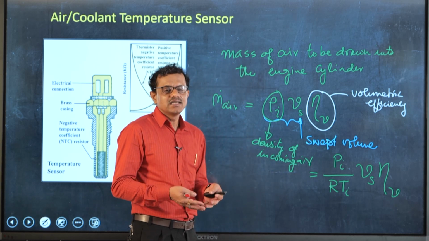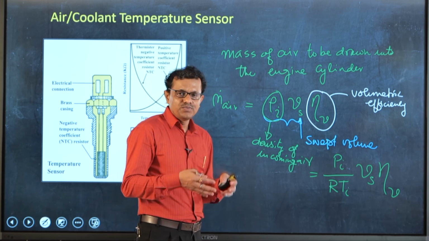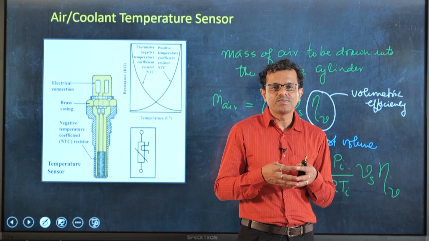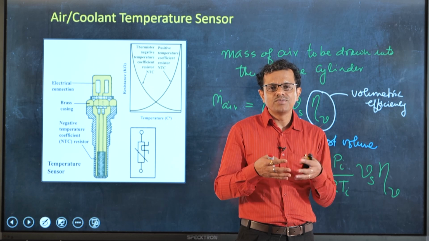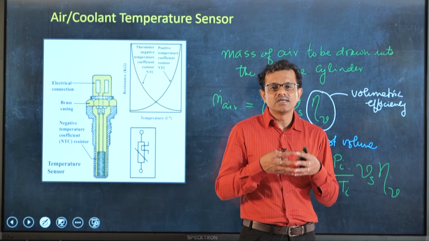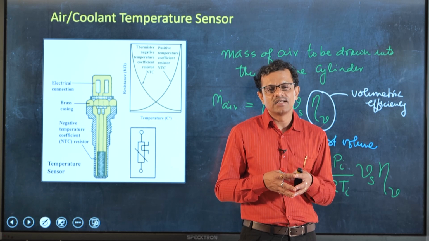And if this is the case, then again the combustion rate would be reduced. Not only that, in the absence of an adequate mass of air, if the fuel supply remains fixed, then we will not be able to meet the guidelines for the emission level.